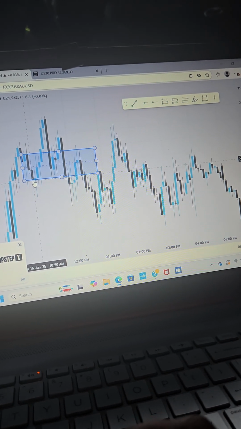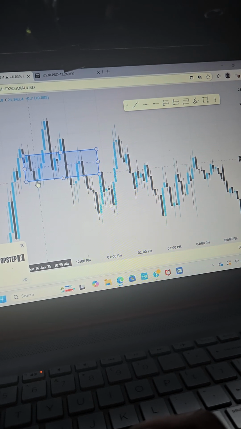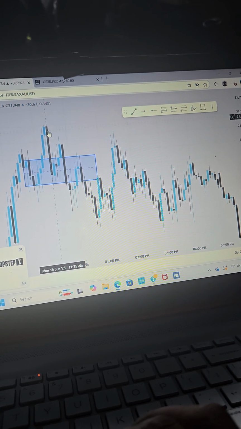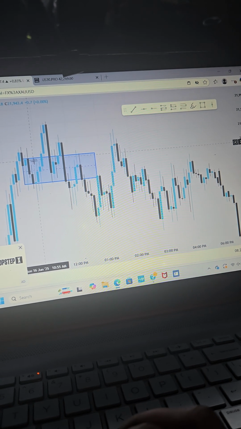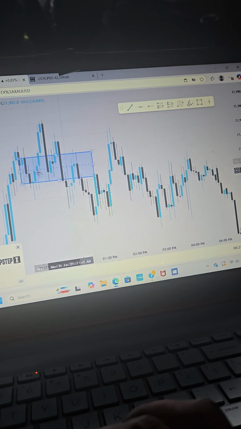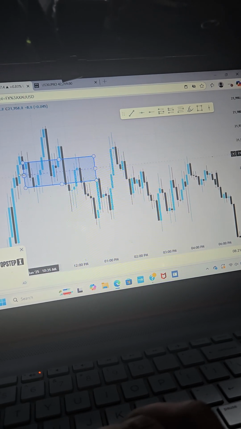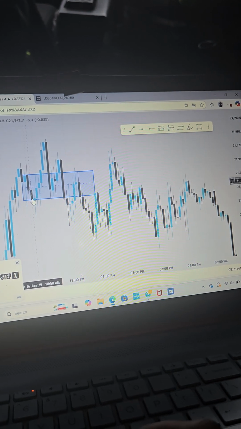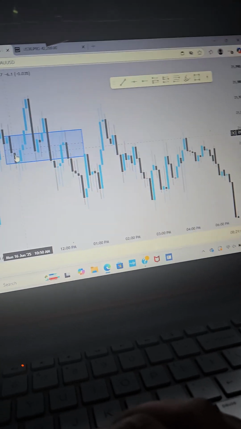The close is the rejection block. Now this is a bearish breaker. Turn this order block into a failed order block, a failed bullish order block. So then these 2 candles end up being the bearish breaker.